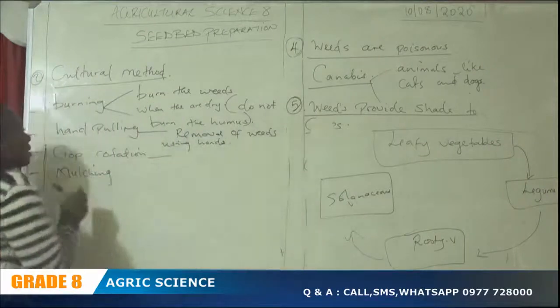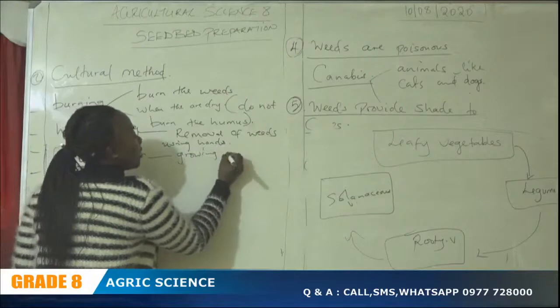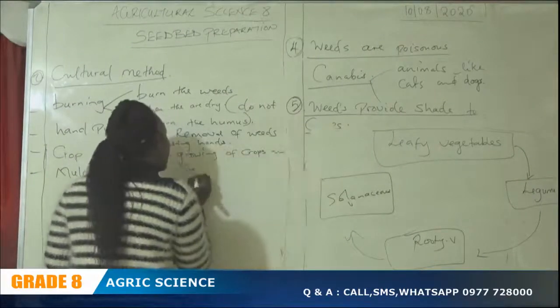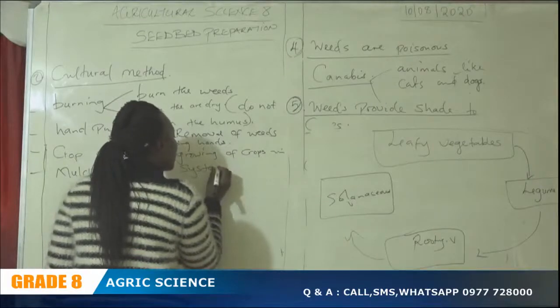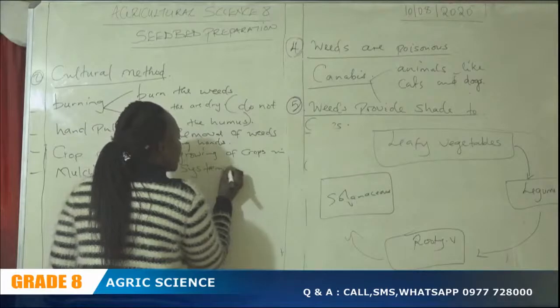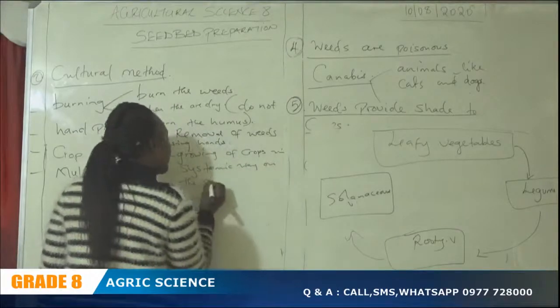Okay, so this is growing of crops in a systematic way on the same piece of land.